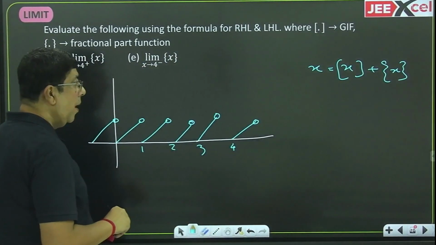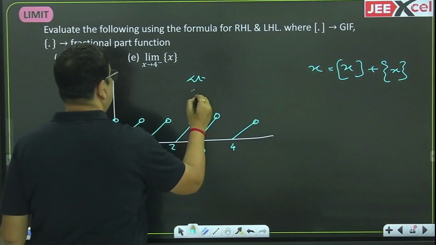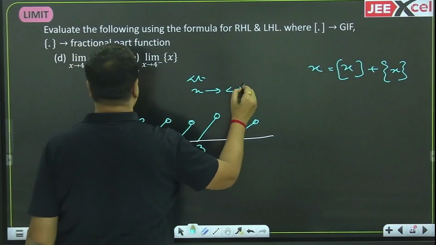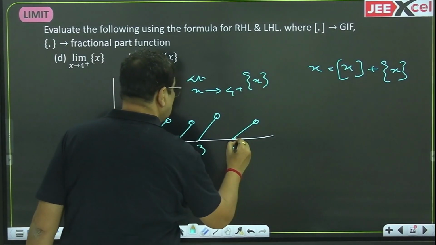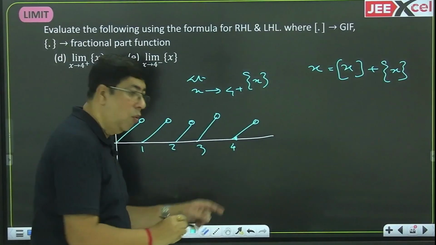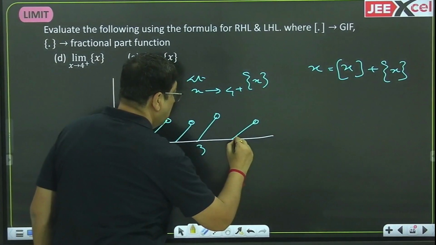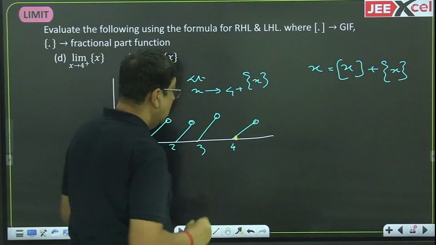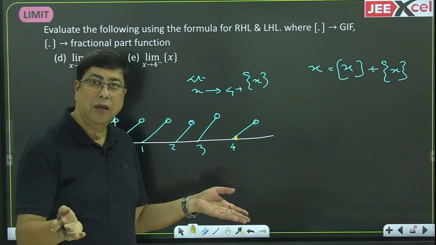Therefore, limit x tends to 4 plus means something more than 4. This is the value, more than 4, or we can write 4 plus h also, which is better.